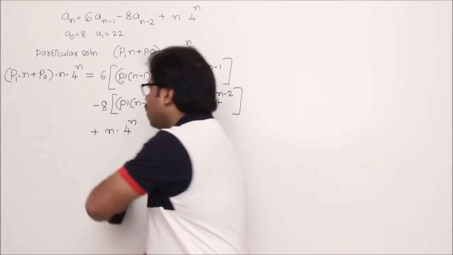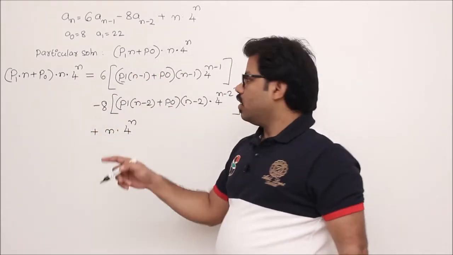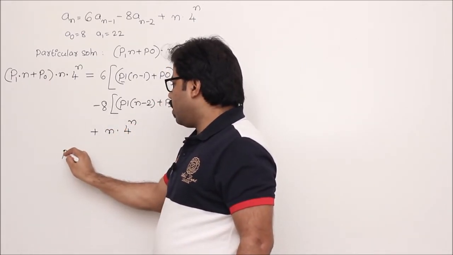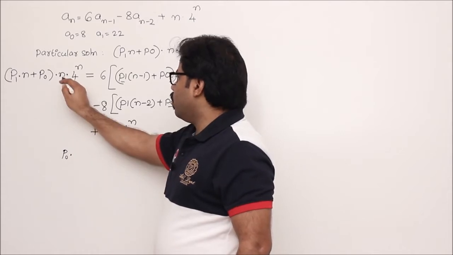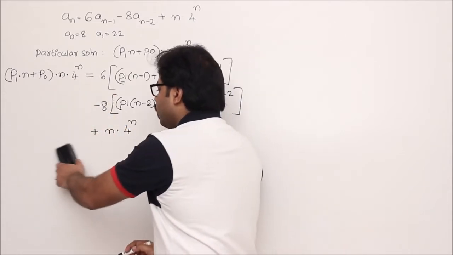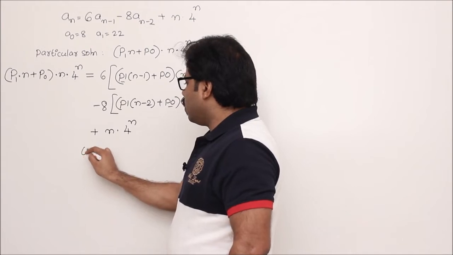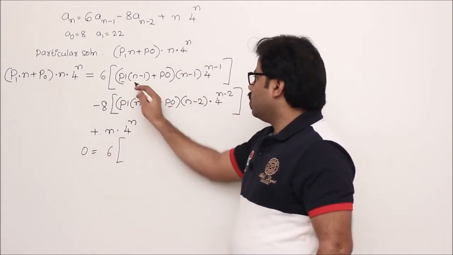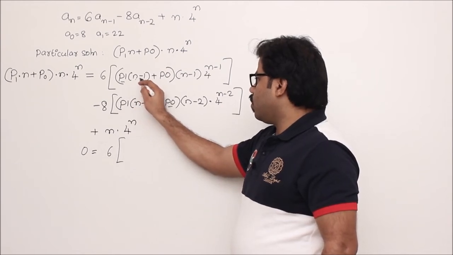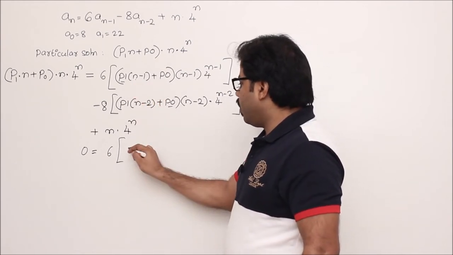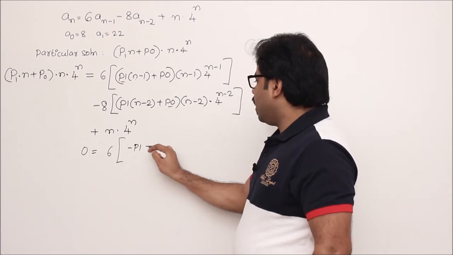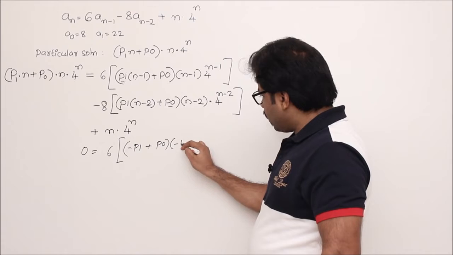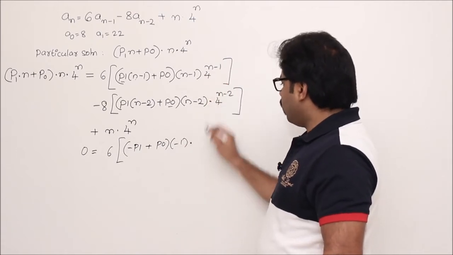So if n equal to 0, then what happens to this equation? It will be p1 into 0 plus p naught, into 0, and 0 into anything is 0, so overall this will become 0. 0 equal to 6 into, let's see, here n minus 1, n is 0, so 0 minus 1 is minus 1, into (p1 into minus 1 plus p naught), overall brace, into n minus 1, which is minus 1, into 4 power 0 minus 1.